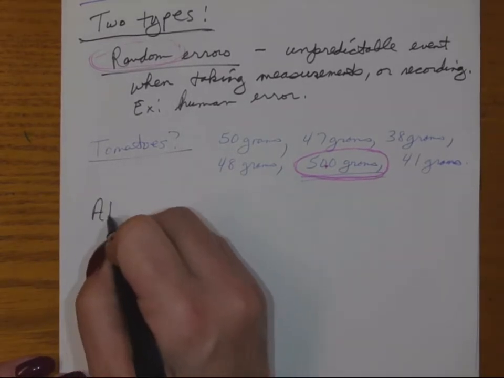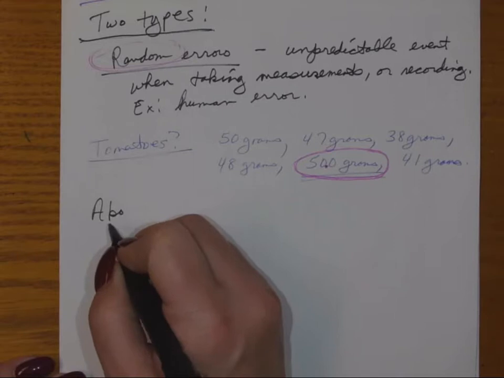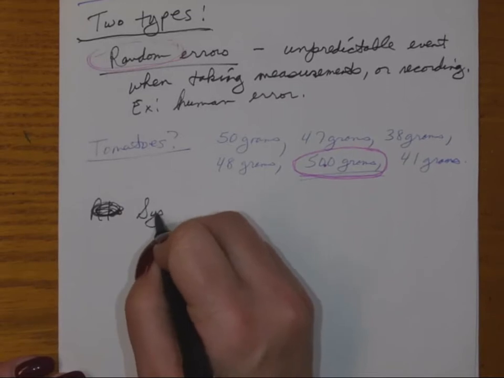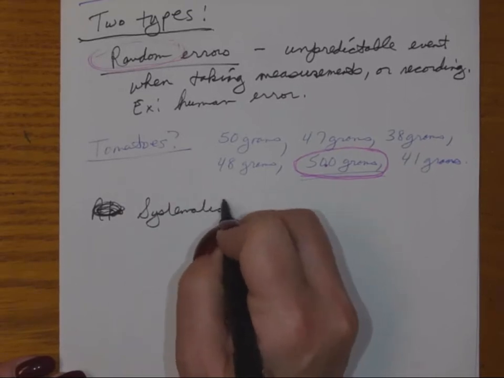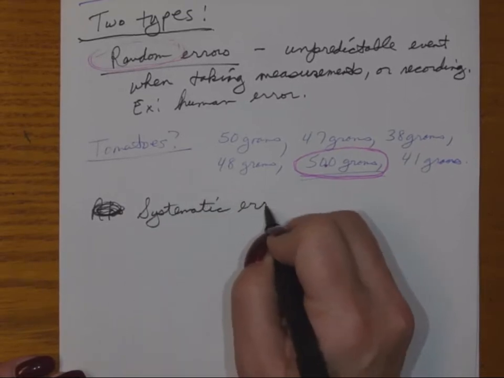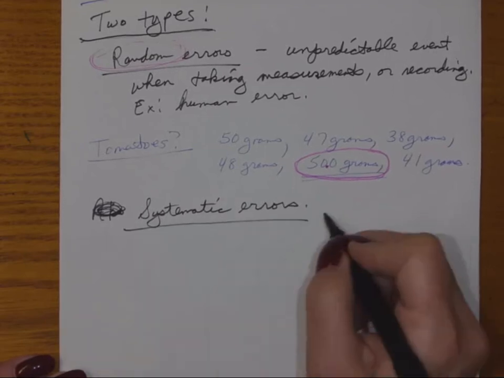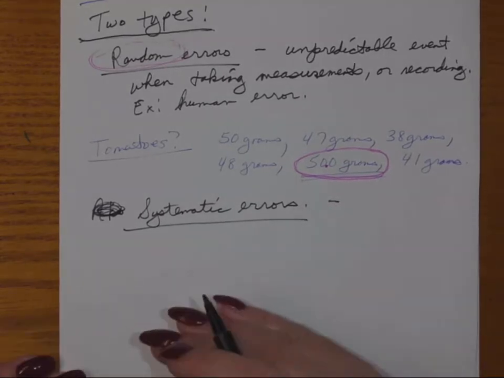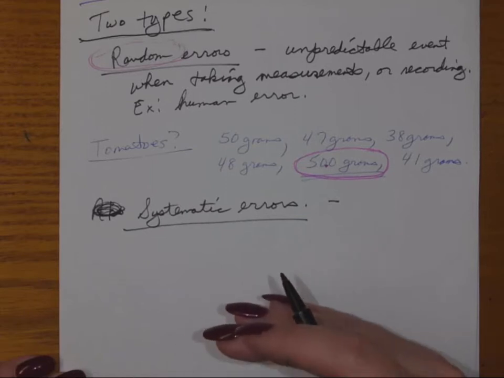The second one is called, I'm sorry, I'm getting ahead of myself. Systematic errors. Okay. This one is built into the system that I am using.